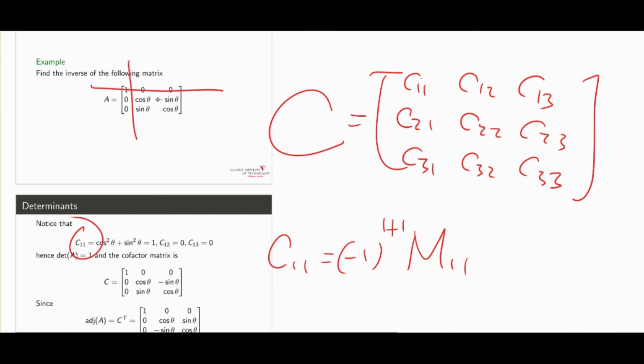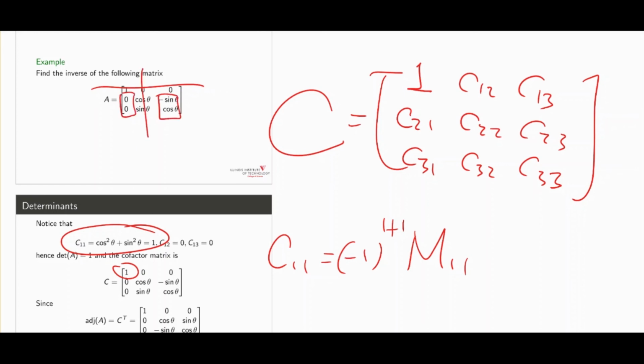Cross away the first row and the first column and compute the determinant of the remaining submatrix. This multiplied by this gives cosine squared, minus this with this gives plus sine squared. So cosine squared theta plus sine squared theta equals 1. That's the reason why you have a 1 right here. Then find C12: cross away the row and column, and find the determinant of that submatrix. Obviously this is 0. You can compute all the entries.